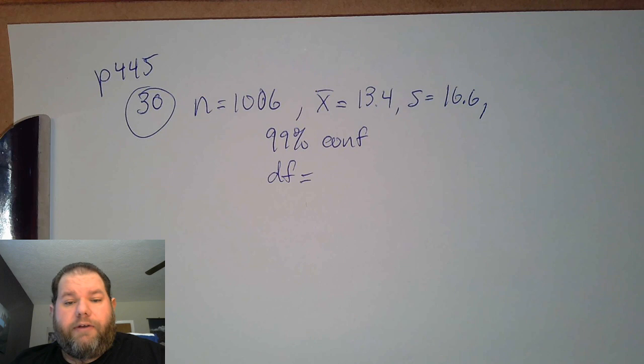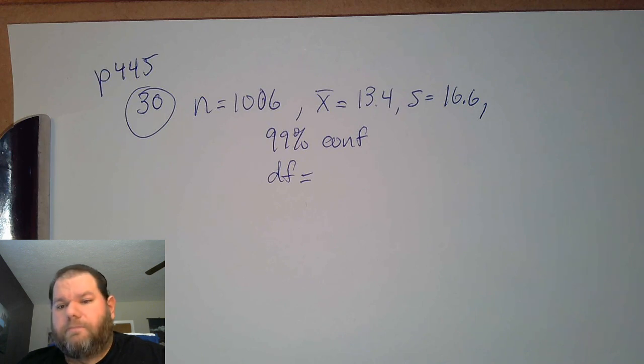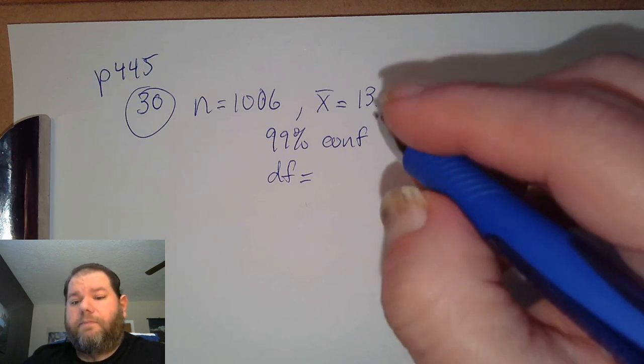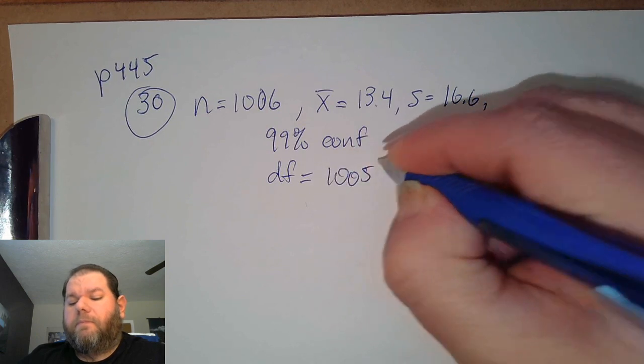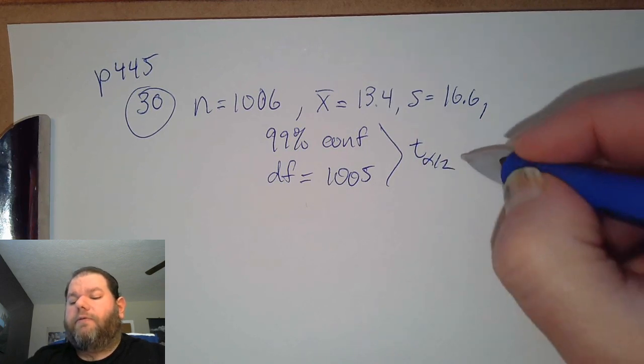What are the degrees of freedom for this particular problem? 1005. Okay, so based on that, we can calculate T alpha over 2.